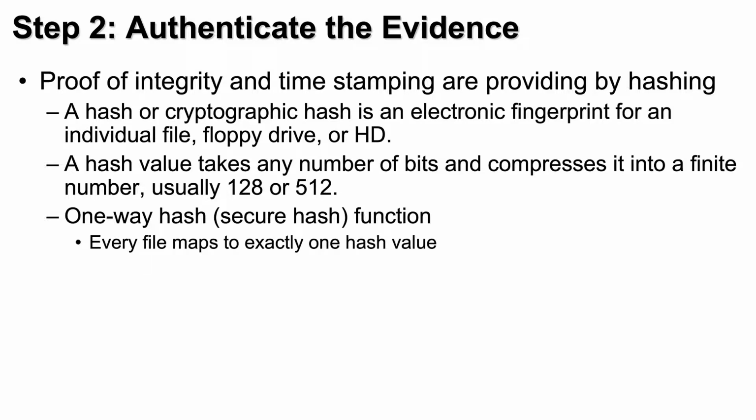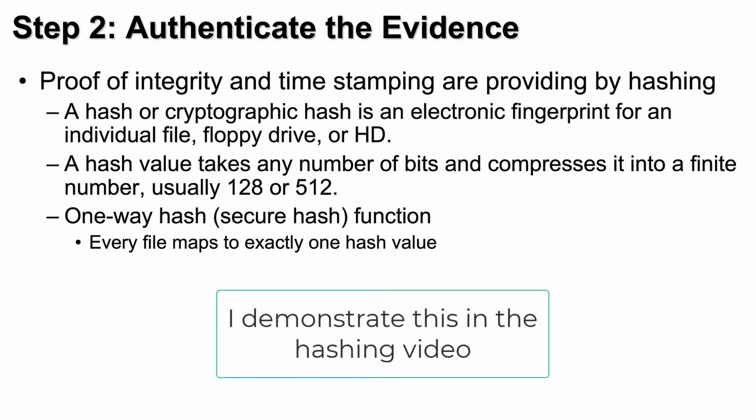What this means is every file maps to exactly one hash value. Even if you had multiple copies of that file under different names, they will only hash to that single value, which means it's only the contents of the file that matter when calculating the hash, not the file name, not any other metadata associated with the file.